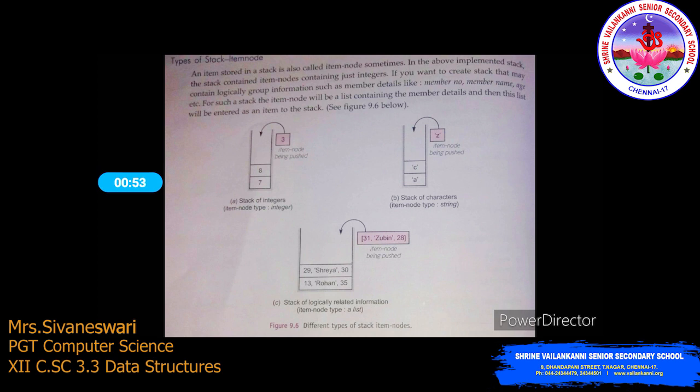If it is integer, the item node type is integer. If the stack contains characters, we call the item node type string. Similarly, when the stack holds logically related information, the item node type is a list. So depending upon the data type we store inside, the item node differs.